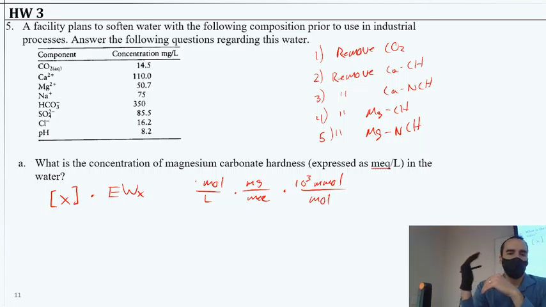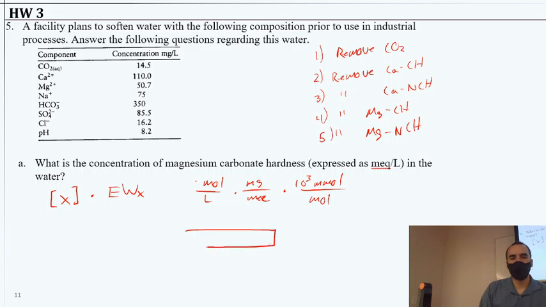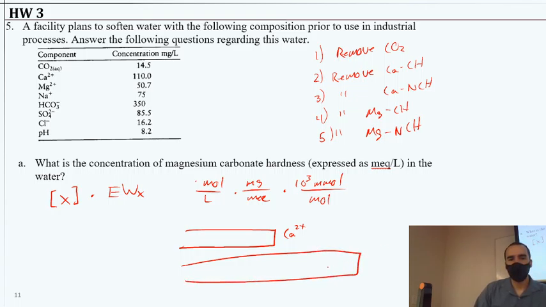So that system, you could take a look at the plot, the bar charts in the example problems, and really see if you had this much calcium and then you had this much bicarbonate, let's say, then essentially you have this much calcium carbonate hardness.